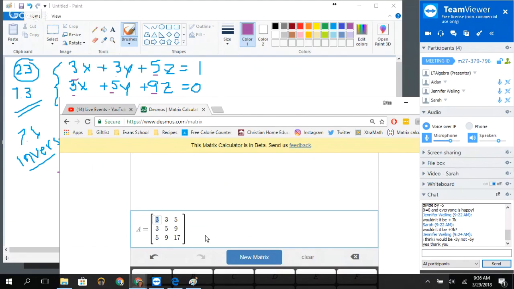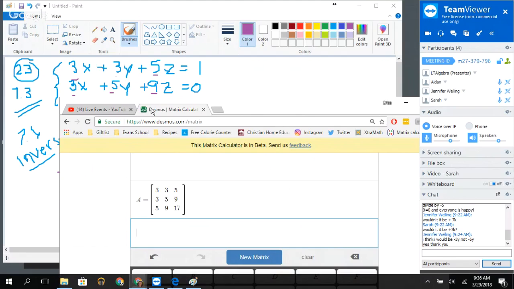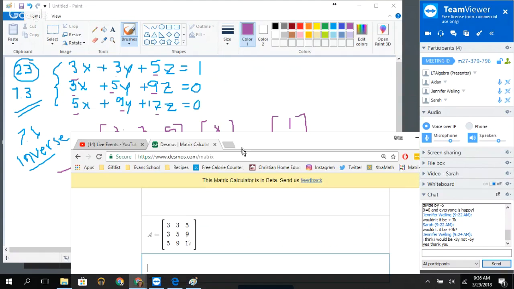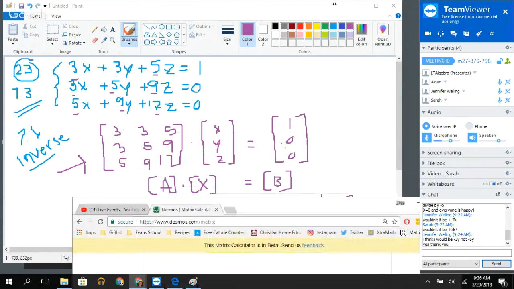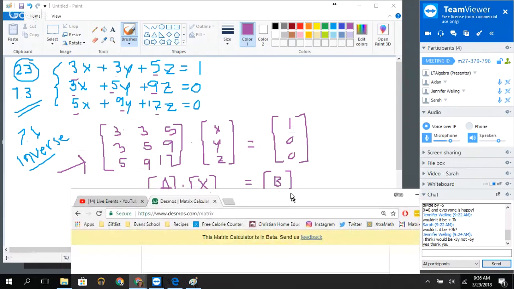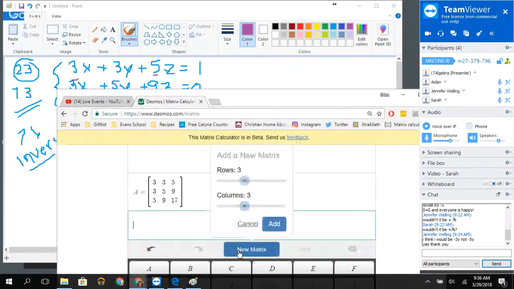To enter that, I just hit enter. Yes. So I have my matrix that represents my variables. Then I need a matrix that represents my answers. This is my B, the answers to my matrix equation. So new matrix, and this is going to be 3 rows and 1 column.